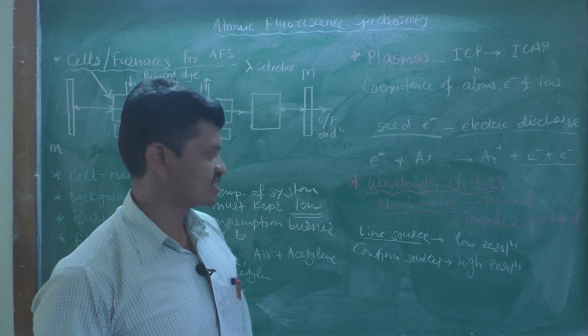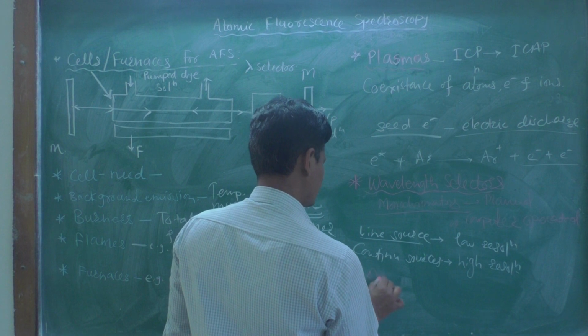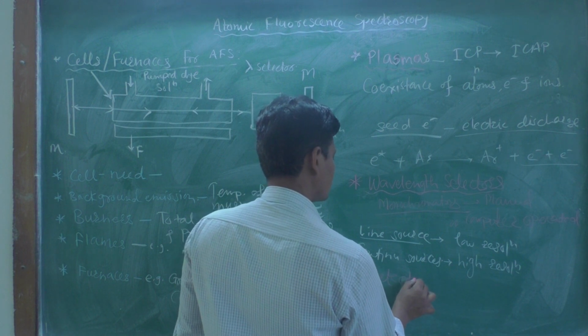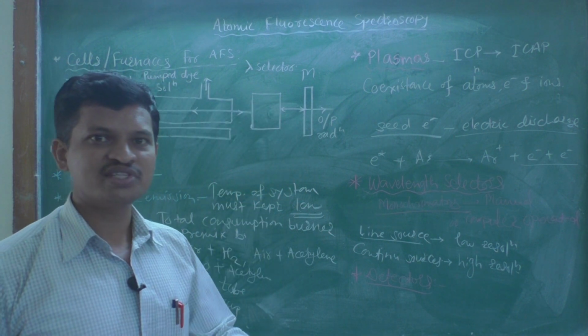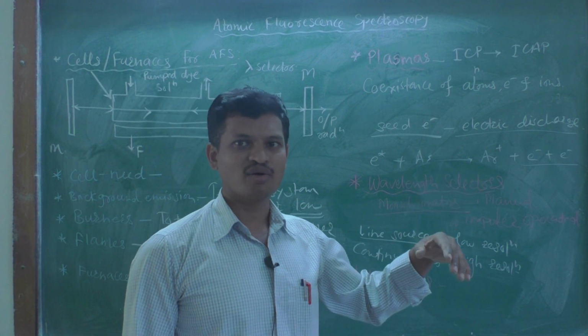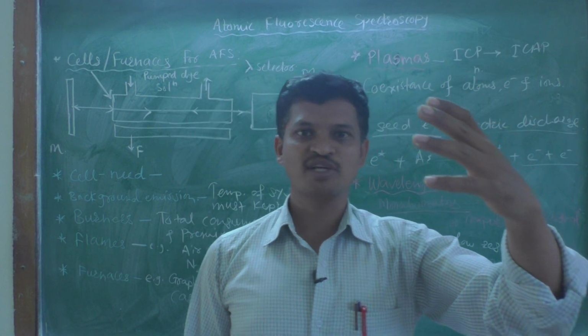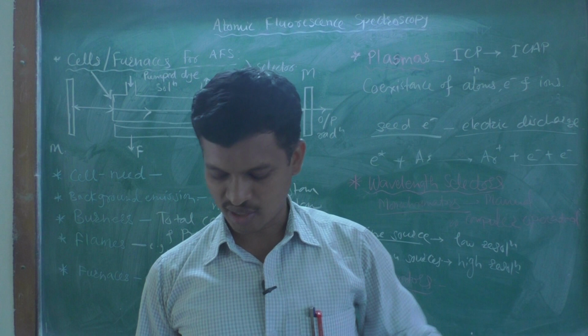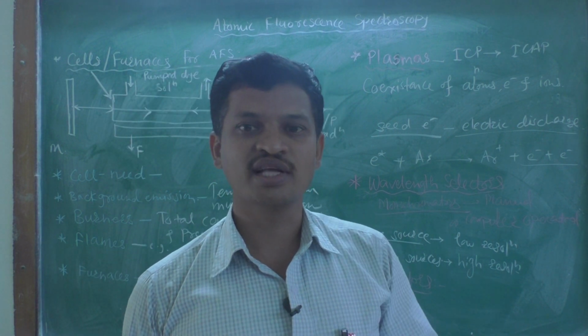Then detectors. What are detectors? These are the devices which receive signals from the sample. Excitation of the sample atoms takes place, then they fall down to the ground state, and while doing so they release energy and emit radiation.